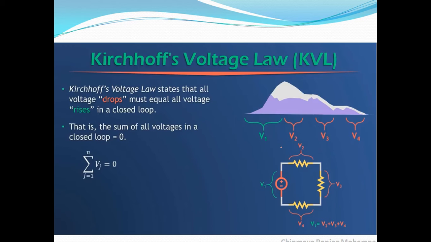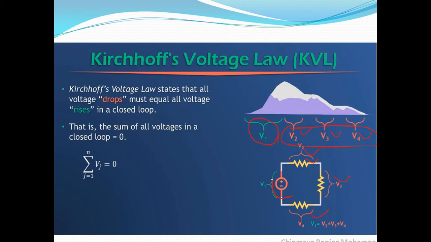It means if we connect three resistors having different values here in this figure, v2, v3, v4, and we add all of them, we can get the total potential.